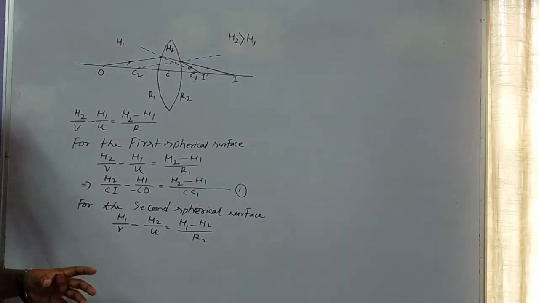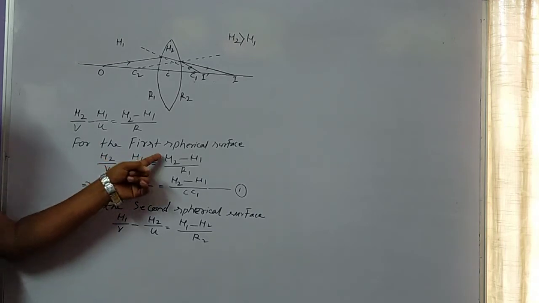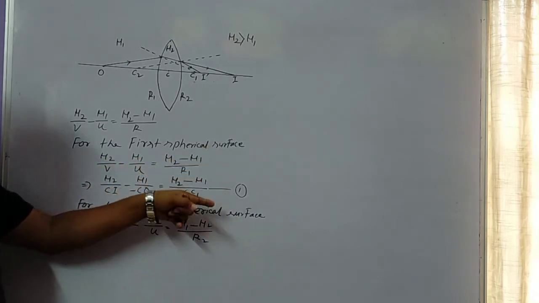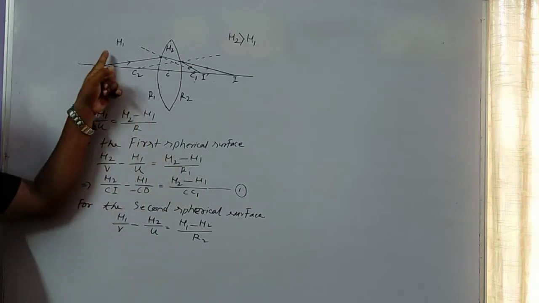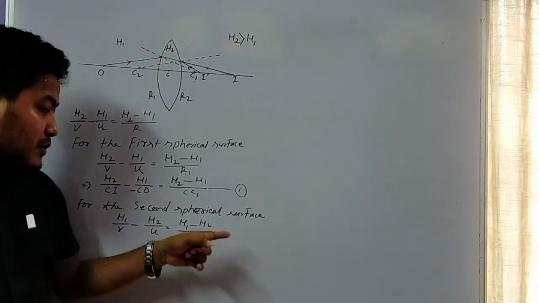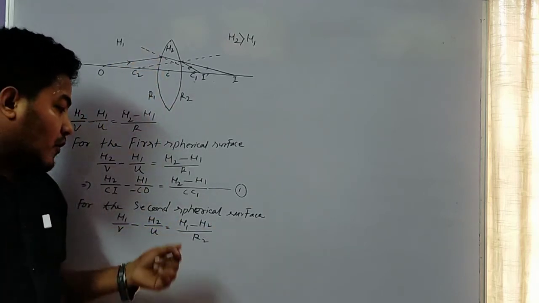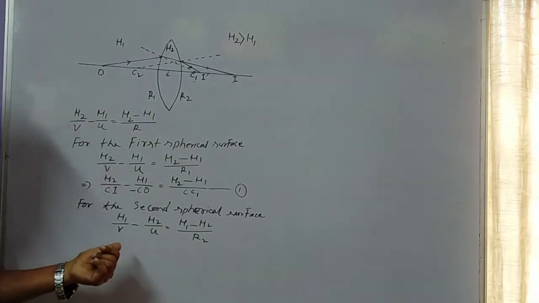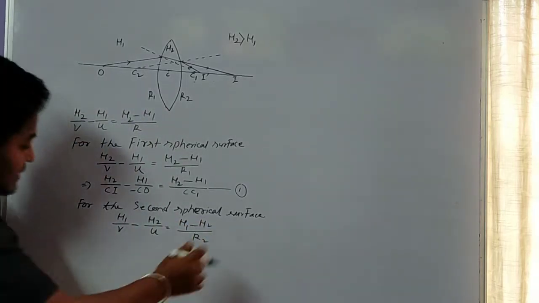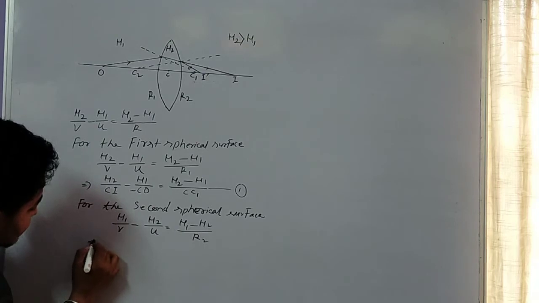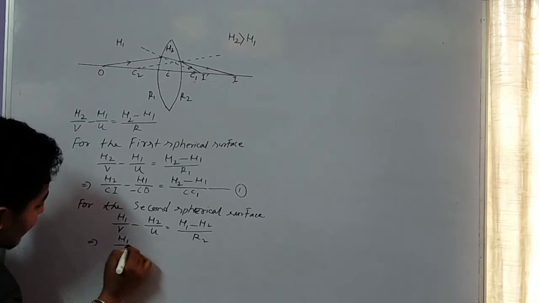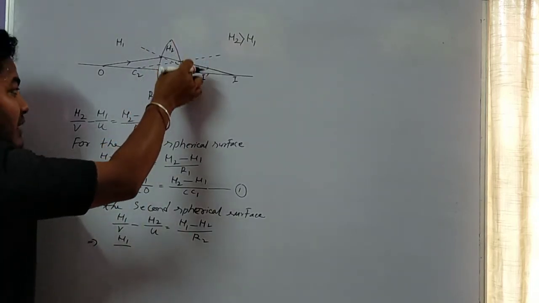Mind these things: mu2 minus mu1 means light is traveling from mu1 to mu2; mu1 minus mu2 means light is traveling from mu2 to mu1. Understand?